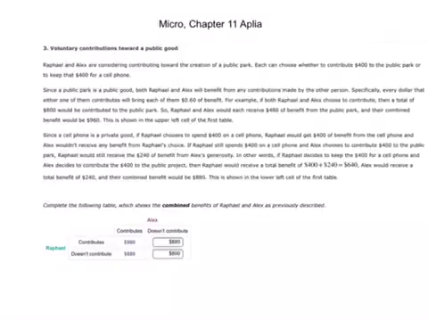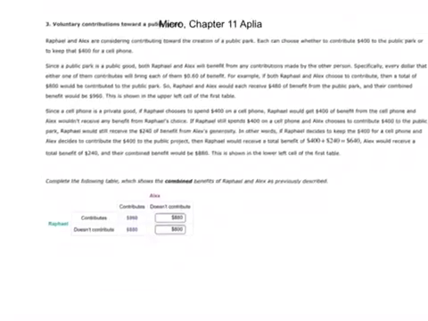Raphael gets $240 benefit from his contribution to the park. So that's $240 plus $240 plus $400 gets us to that $880. If neither of them contribute to the park, they both buy cell phones, they each get $400. So 400 times 2 is $800. So that's where that came from.